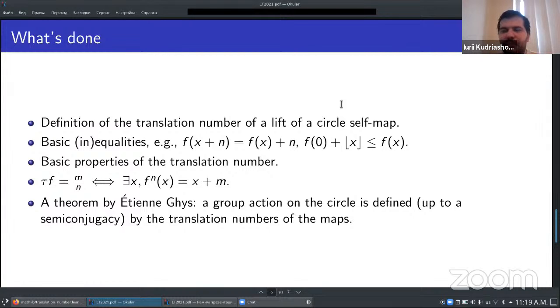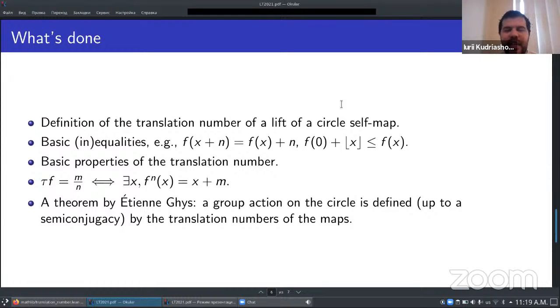Things like that, and some basic estimates, like if you have a point that moves at least by 2 to the right, then the translation number is at least 2. Next, I proved that the translation number is a rational number if and only if our map has a periodic point.